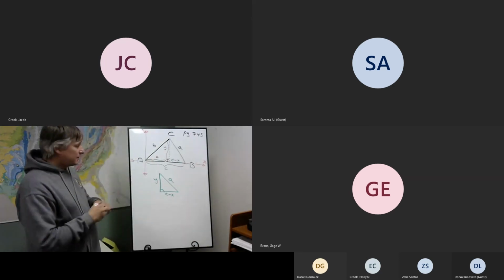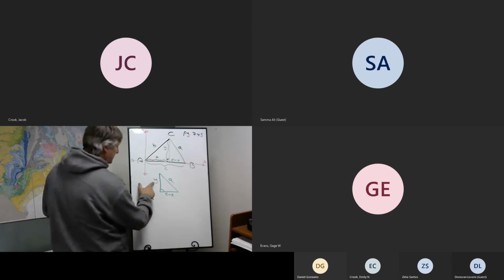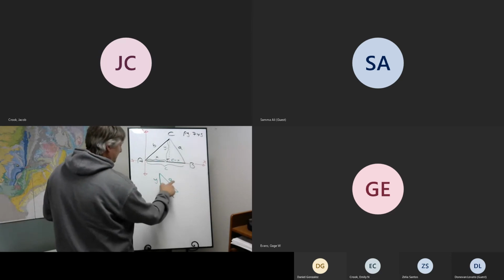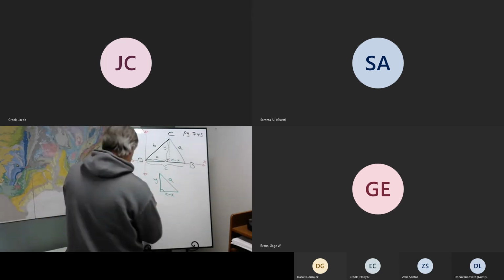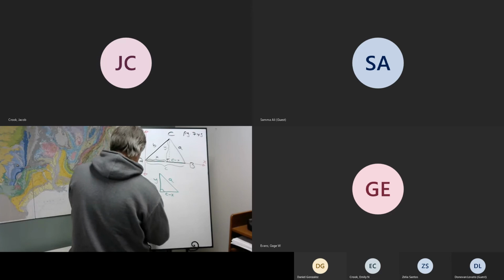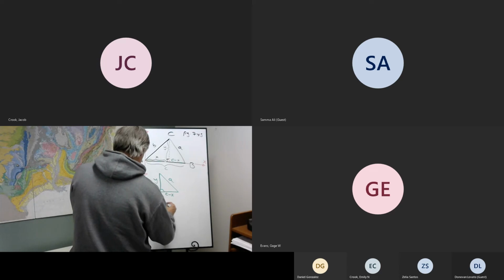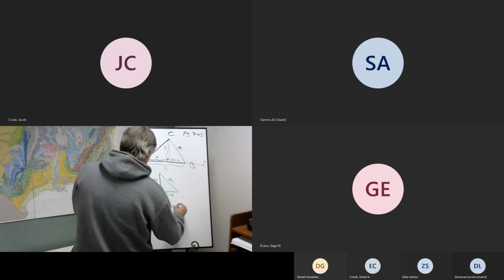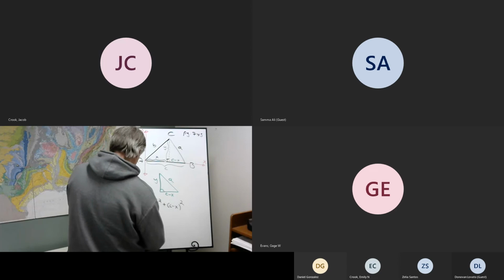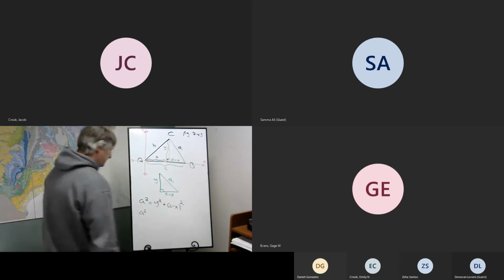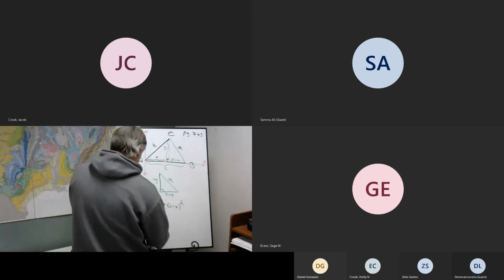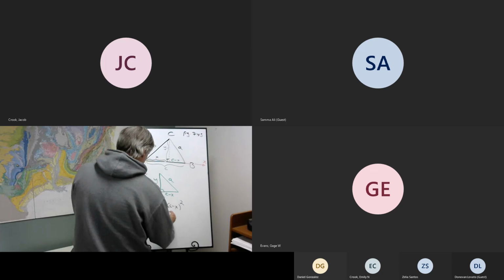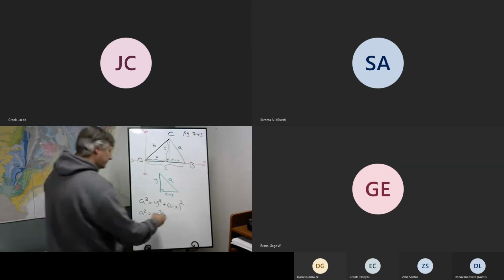So let's square this. So using the Pythagorean theorem, this squared plus this squared equals that squared. Now y squared is just y squared. This we're going to have to FOIL.